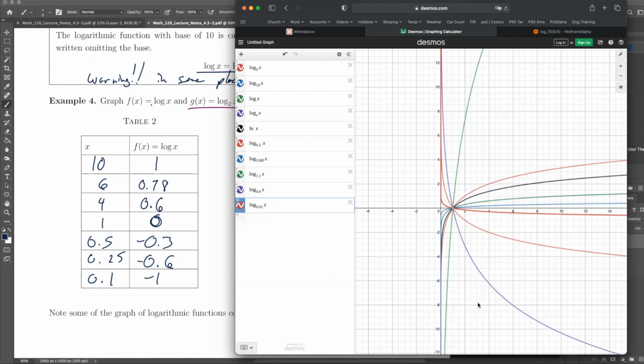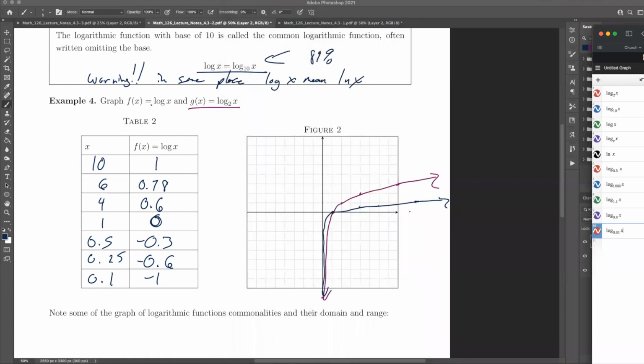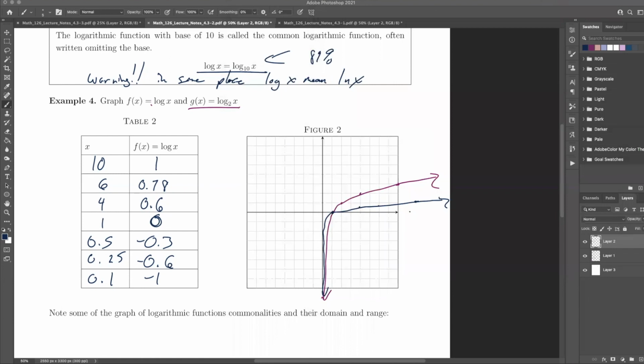Here's 0.8, here's 0.5, and here's 0.01. So it bends in this way. Okay. So that kind of gives you a feel of how the graphs look. And good practice would be to type in some numbers and see if it matches what you expect. It's just a good thing to do.